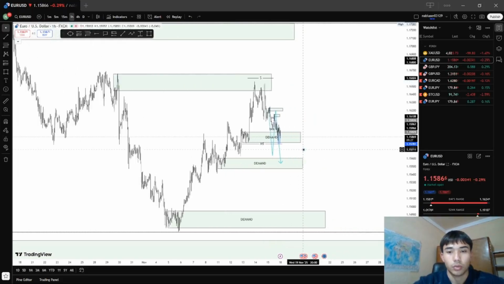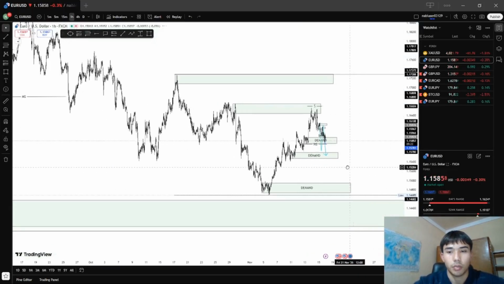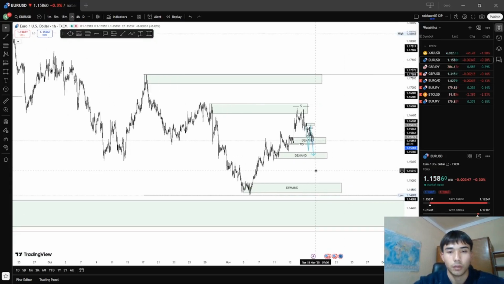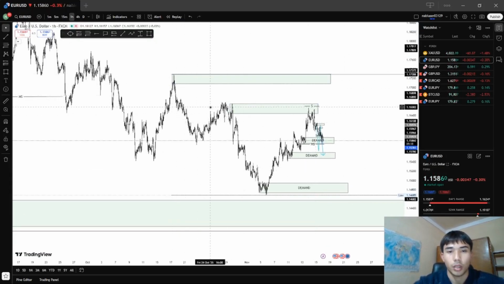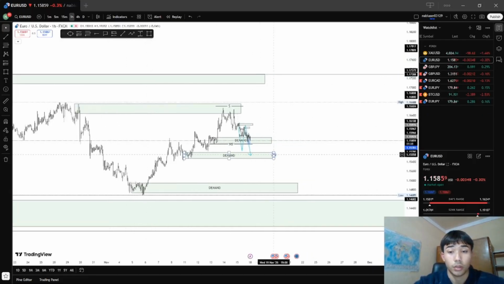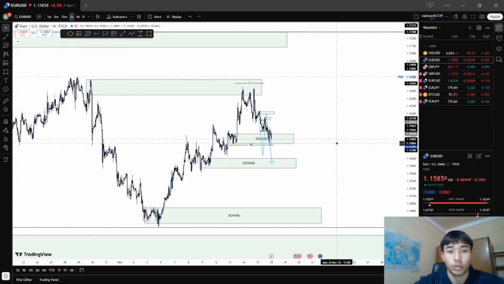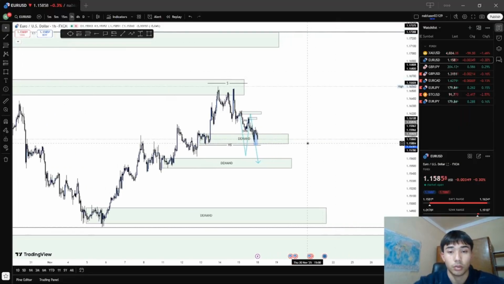And so to prove it's actually a bearish scenario on a lower time frame, we are creating lower highs that didn't surpass our previous highs, therefore showing sort of bearish momentum, bearish structure.